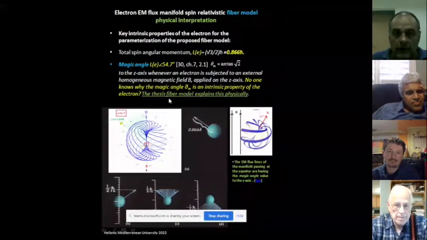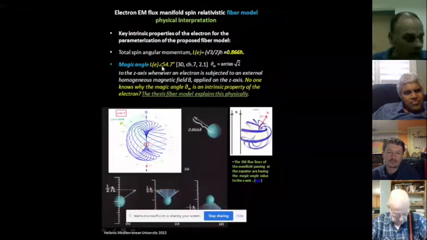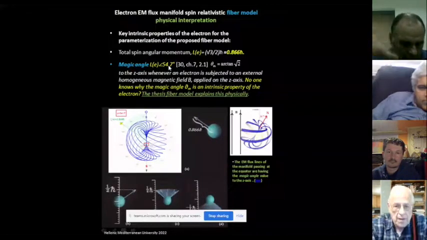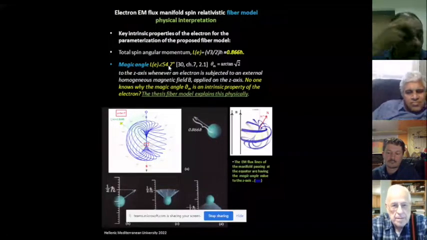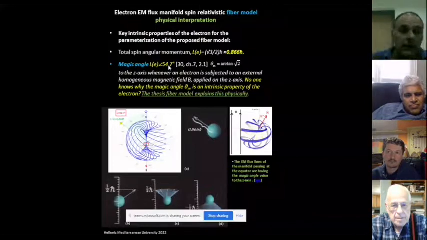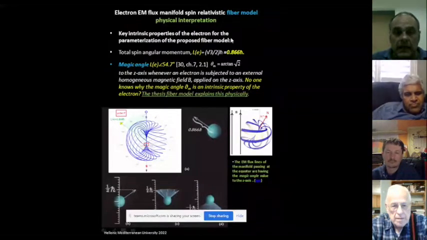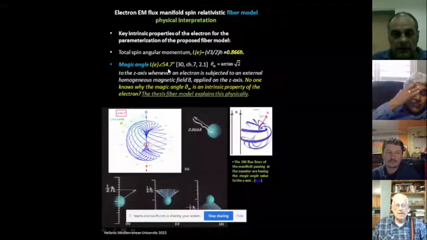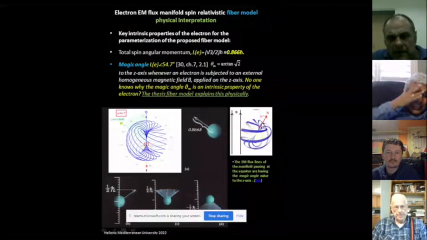You can get only two values, plus and minus this value. You can check it on Wikipedia, magic angle. It's an angle like the fine structure constant that we observe all the time in nature and also in particle physics. So why this value?